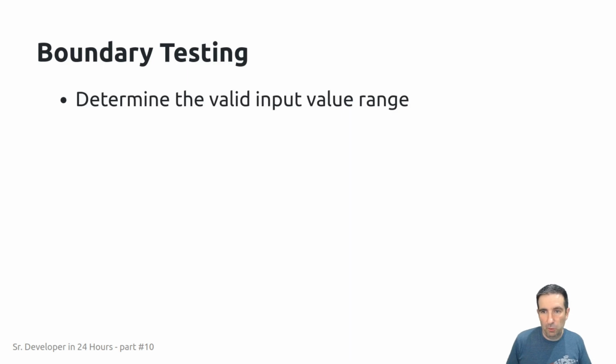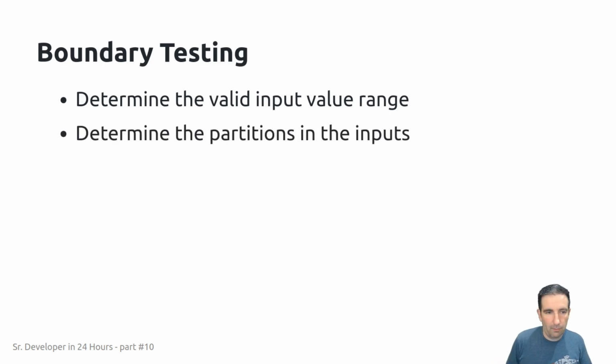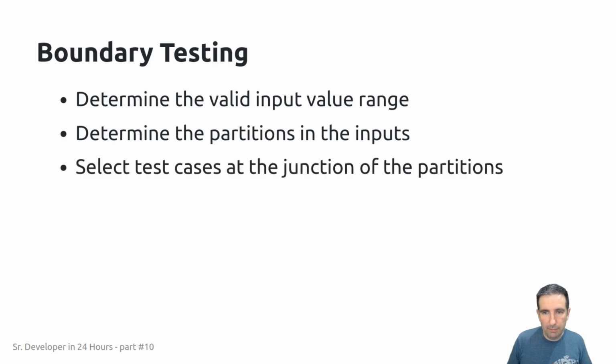The first thing is, we want to determine the valid input range of a particular method. Then we want to partition the different inputs that we can get: what is valid, what is invalid, what is below certain thresholds or above certain thresholds, things like that. And based on this, we can select cases at the junction of the partitions.